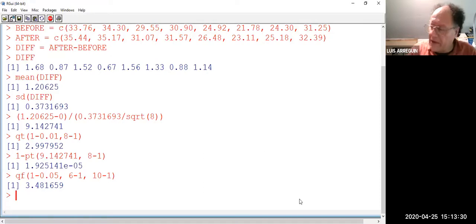Now the p-value is obtained by using 1 minus PF of my value of F obtained before. So that value is 3.83, and then the degrees of freedom from the sample corresponding to the numerator and the degrees of freedom from the sample corresponding to the denominator.